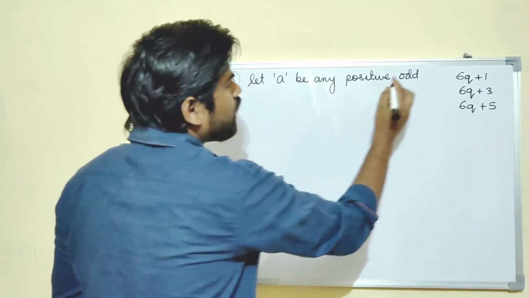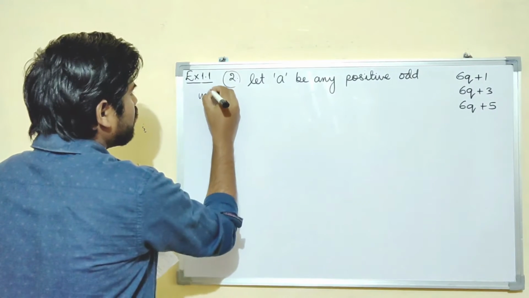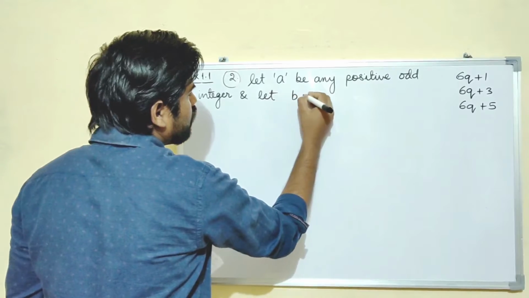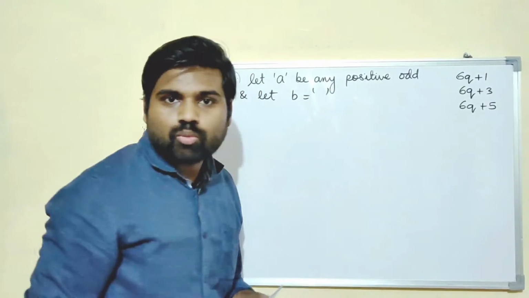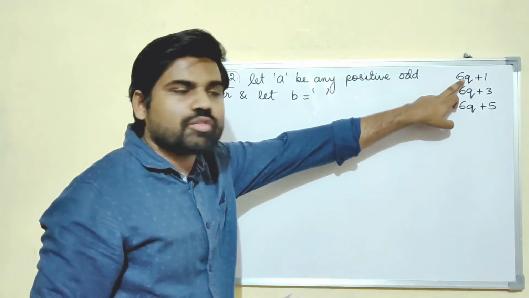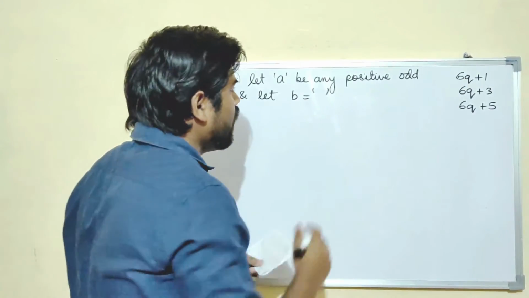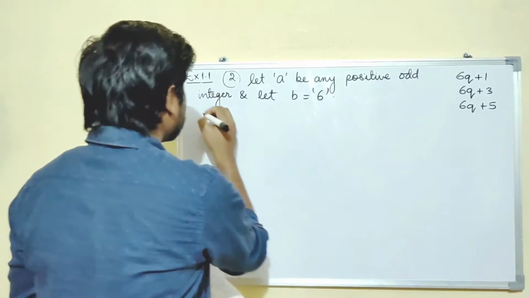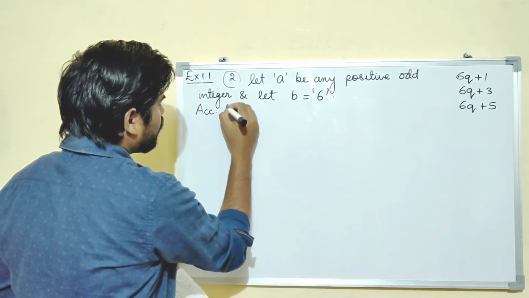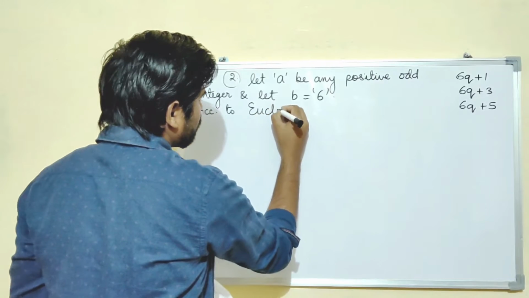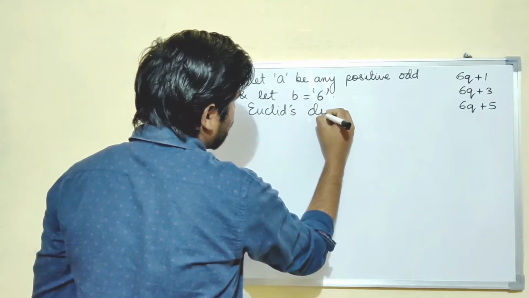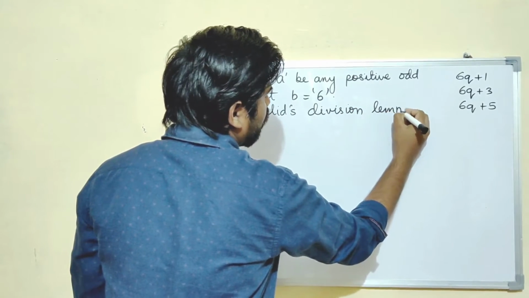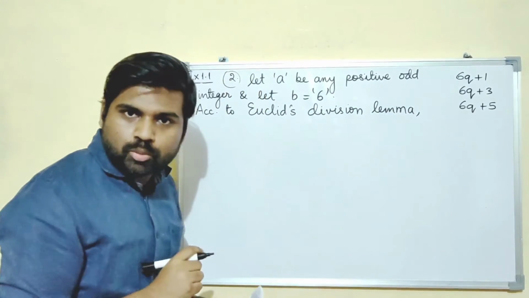So let a be any positive odd integer and let b equal, now what will be the value of b? What was the trick? Yes, the coefficient of q will work as the value of b. Now according to Euclid's division lemma, a equals bq plus r.